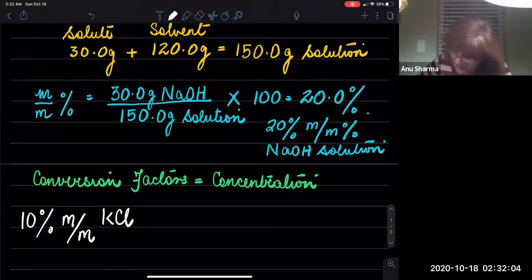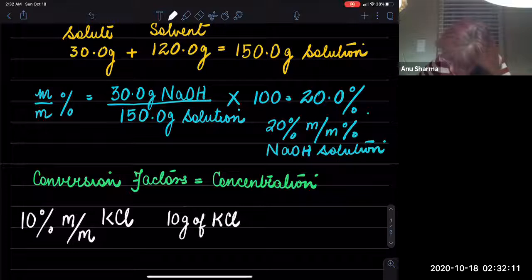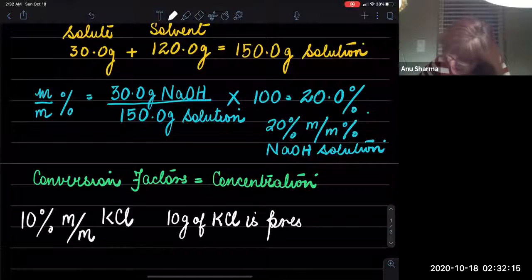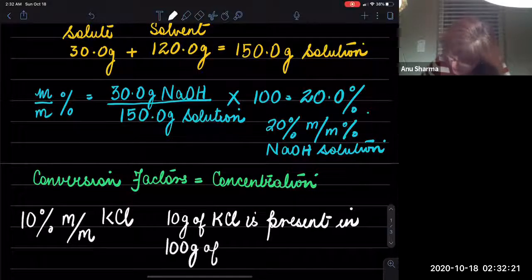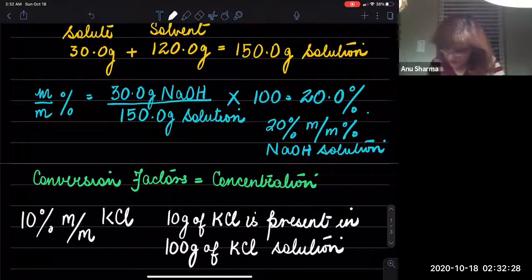This means that 10 grams of KCl is present in 100 grams of KCl solution. This is what it means, first of all.